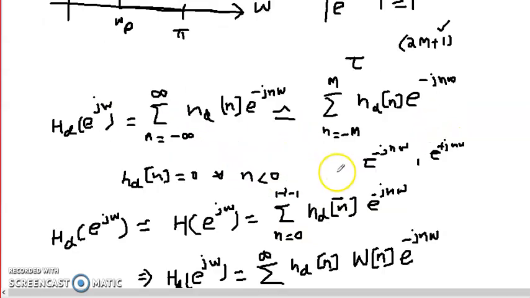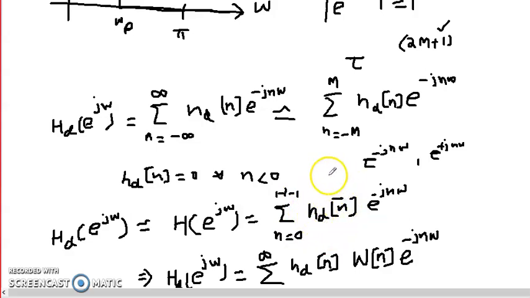Because we have to realize it, it has to be causal, and for a causal system we require hd(n) to be 0 for all n less than 0. So we approximated it with n changing from 0 to N minus 1, that is a positive number of terms. So hd will be having a causal number of terms.